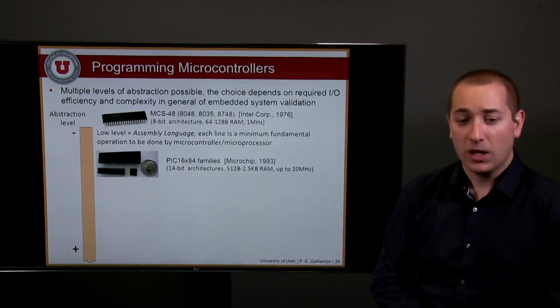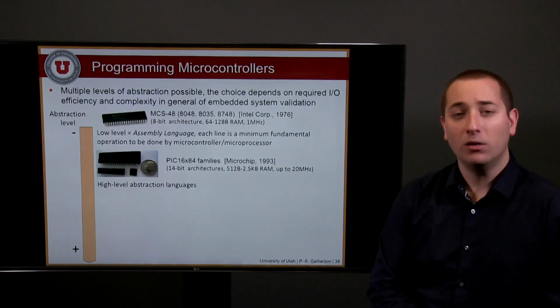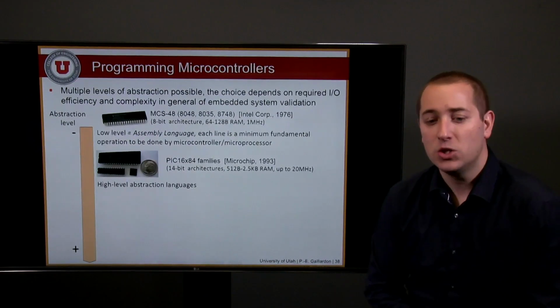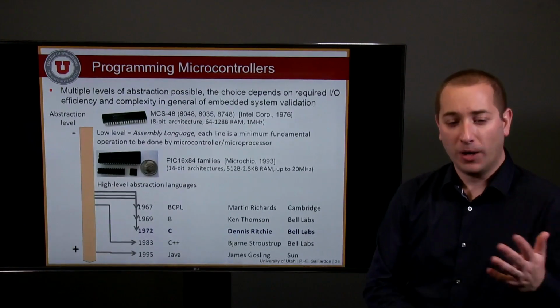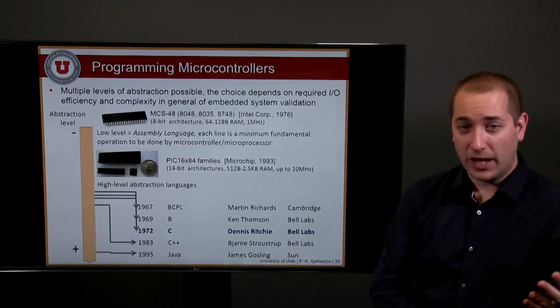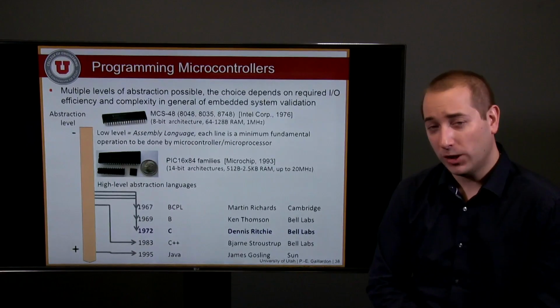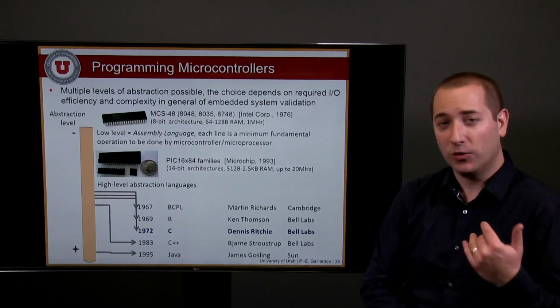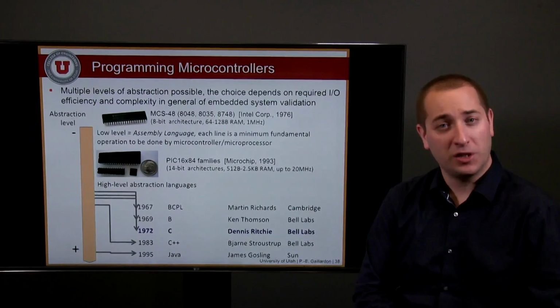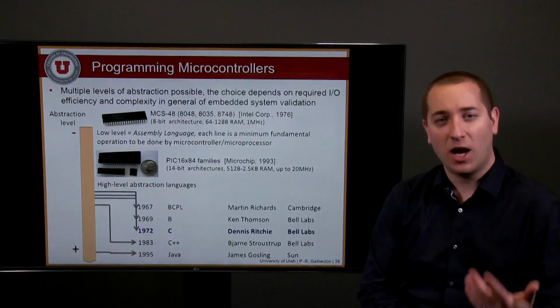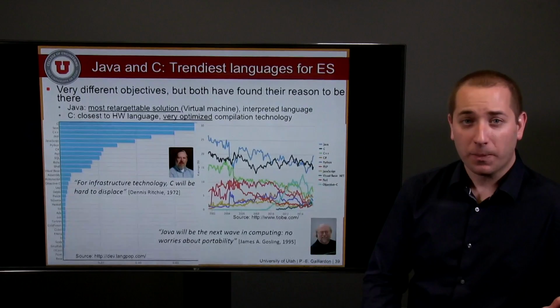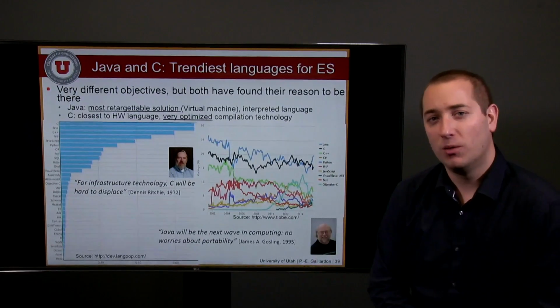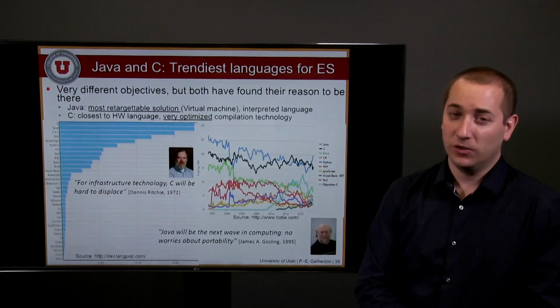Now, obviously, as the complexity evolved, we have been moving to higher-level abstraction languages. In particular, that was also the case for regular desktop systems with the C language, C++, object-oriented programming, more recently Java, and so on and so forth. Currently, Java and C are the most trendy languages for embedded systems.